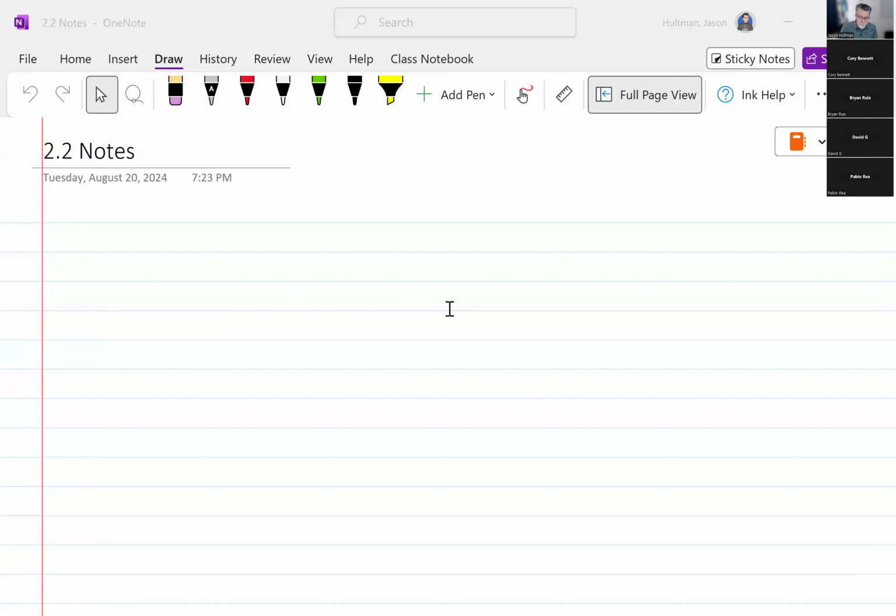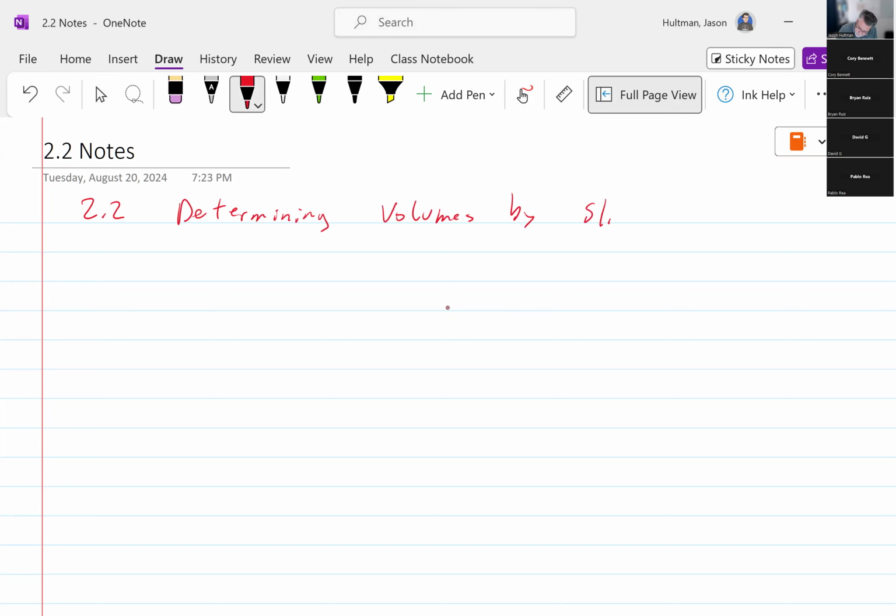2.2. Okay, 2.2 is on determining volumes by slicing. Okay, determining volumes by slicing.